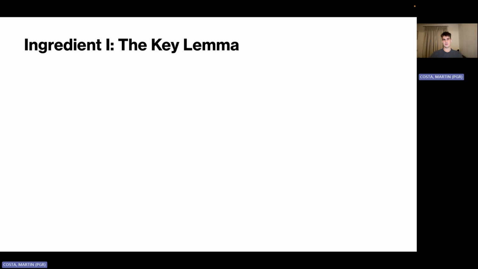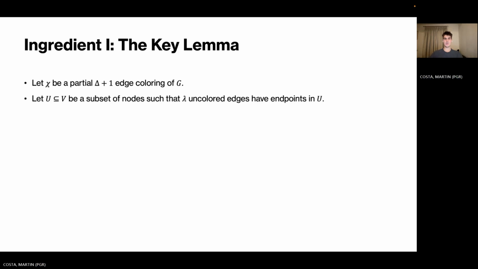The first ingredient is what I'll refer to as the key lemma, which is really the main technical contribution of this paper. Suppose that we have some partial Δ+1 edge coloring of a graph, χ, and let U be some subset of nodes such that we have λ uncolored edges that have endpoints within this set of nodes U. You should imagine U as being a small vertex cover of these λ uncolored edges.